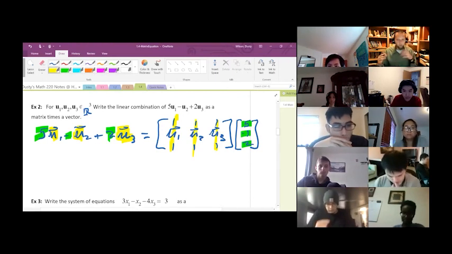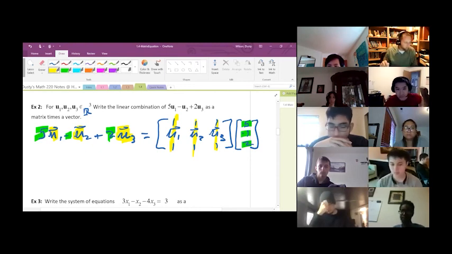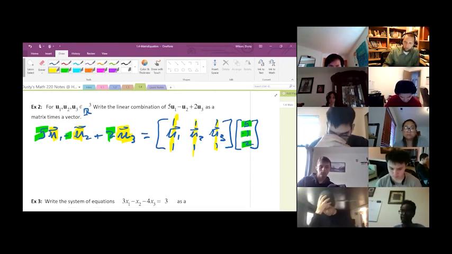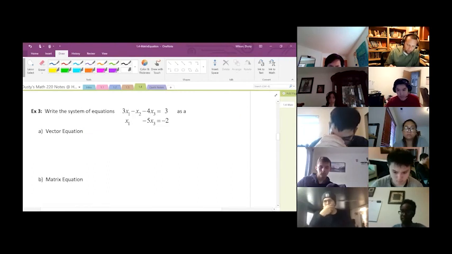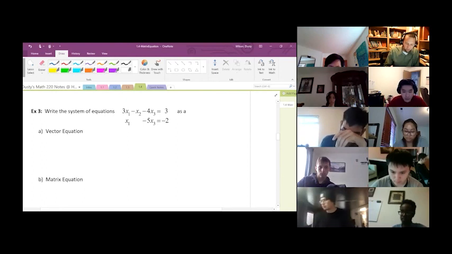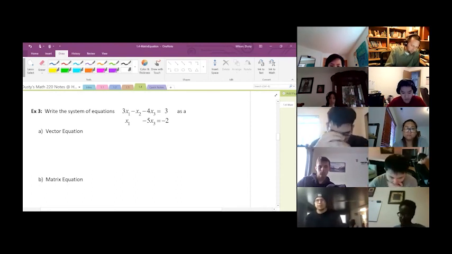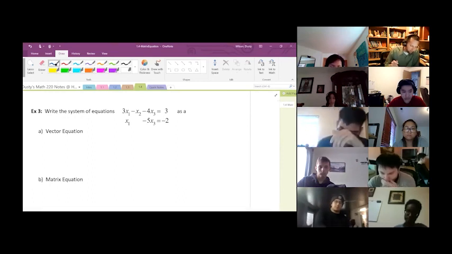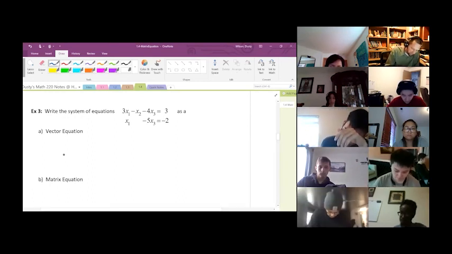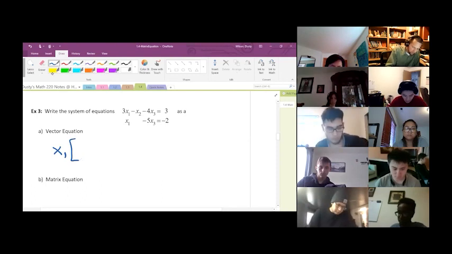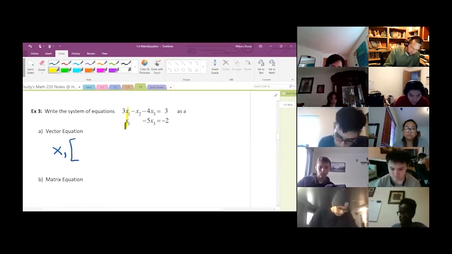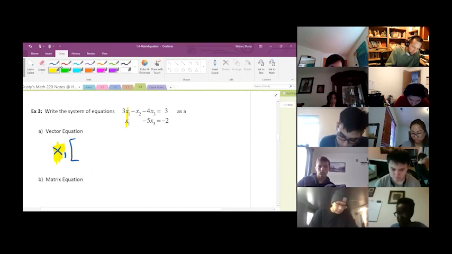In the next example, where we're looking at a system, we're going to try to write the same thing three different ways, so you can see different representations. I want to write the system of equations 3x1 minus x2 minus 4x3 equals 3, and x1 minus 5x3 equals -2 as a vector equation, as a matrix equation, and as an augmented matrix. First I'm going to write it as a vector equation. How much x1 do we have?